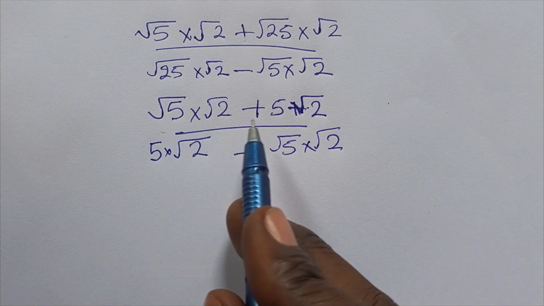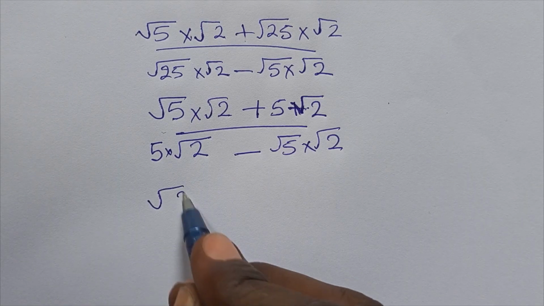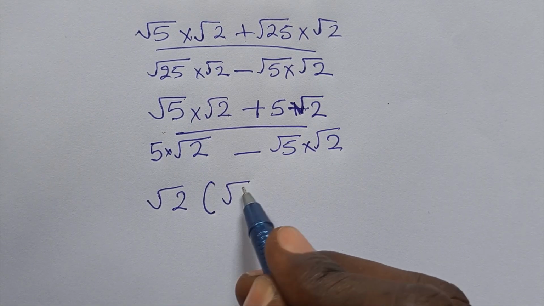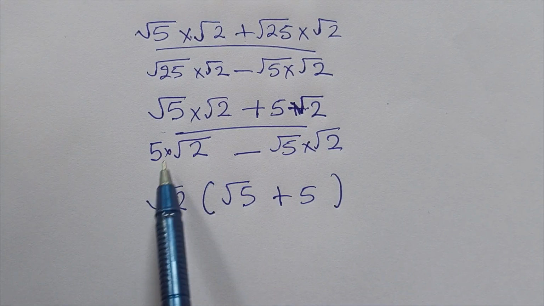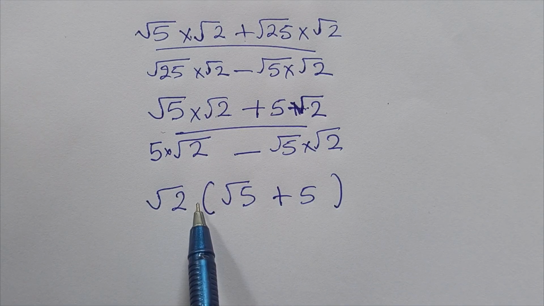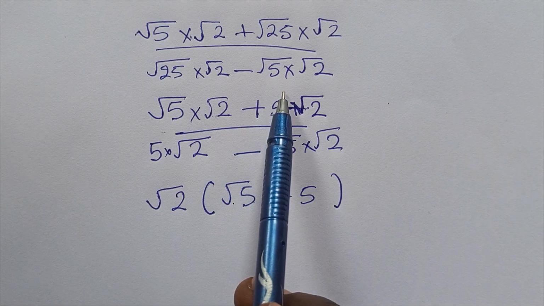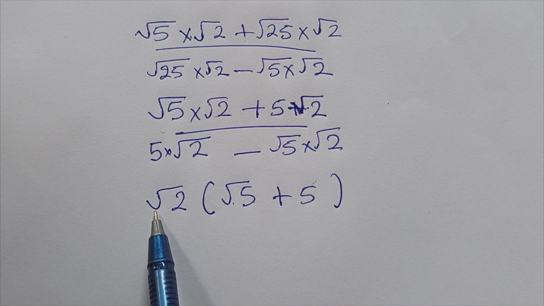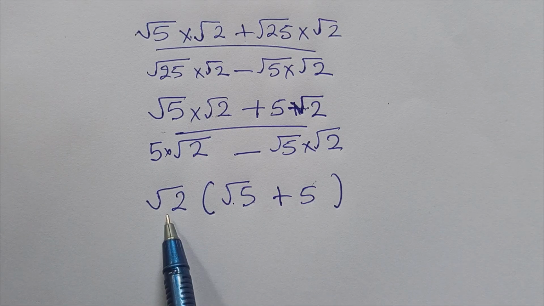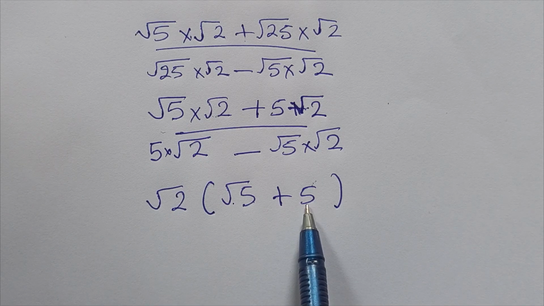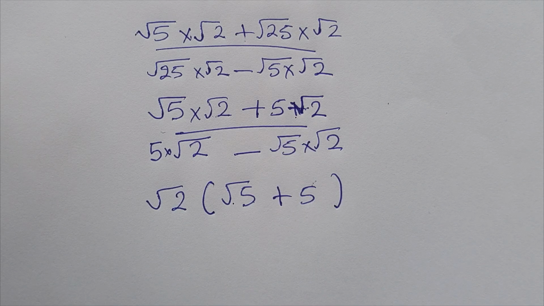But you can notice that there's something common in the numerator, which is root 2. Hence, we can factor out root 2. So you can see that if we factor root 2 from here, we are left with root 5, plus, factor out root 2 here, we are left with 5, because root 2 times 5 gets back to 5 root 2.